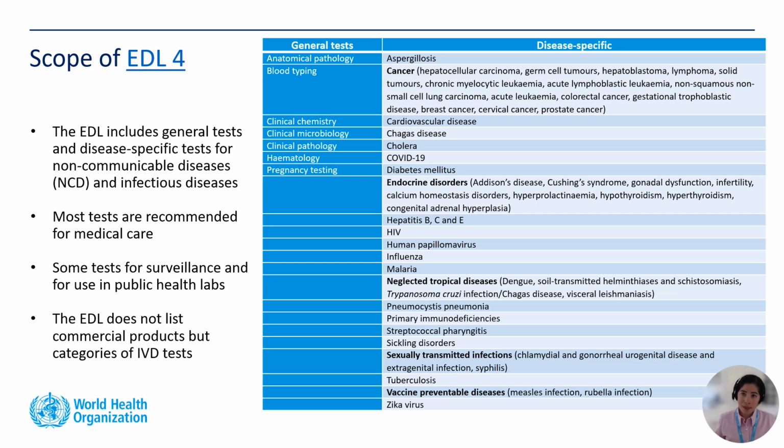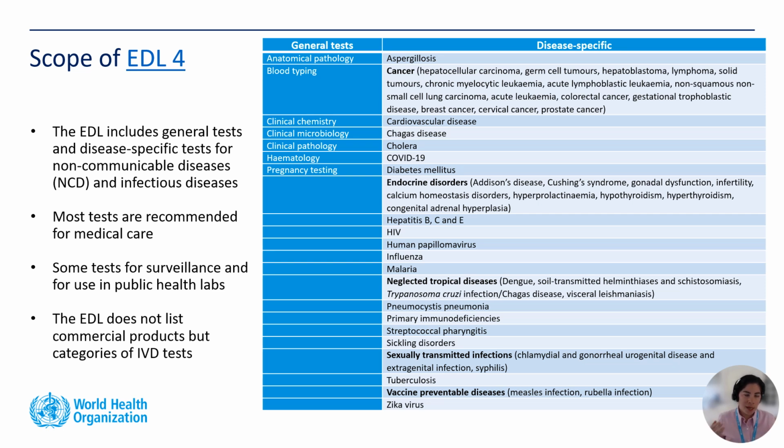We can run these tests as a lab-based immunoassay, but we also have the RDT format, the rapid diagnostic test. So by IVD category, we are talking about the antibodies for HIV 1 and 2, and then the assay format will be lab-based immunoassay or RDT. I mean, this is just one example.